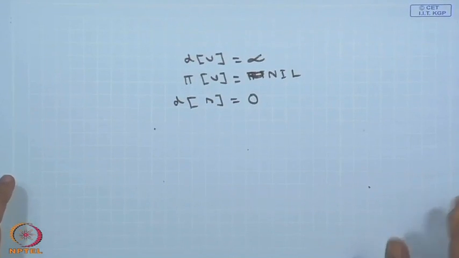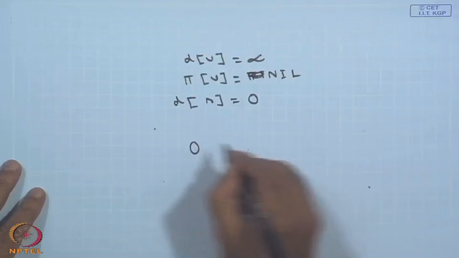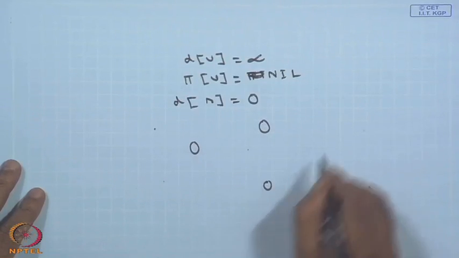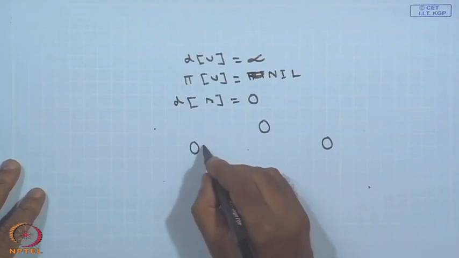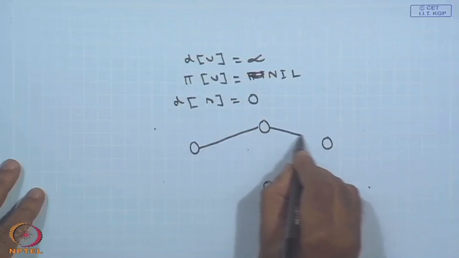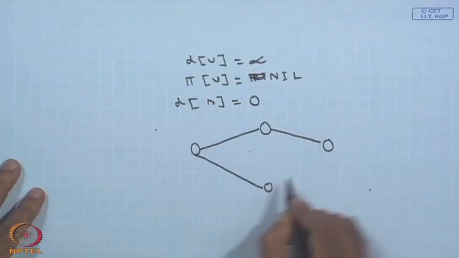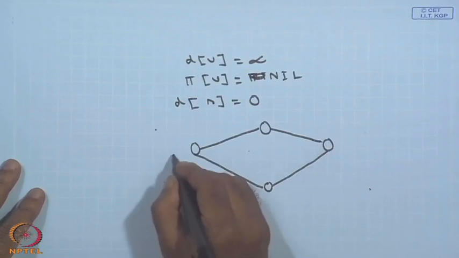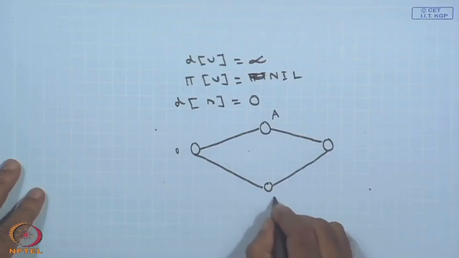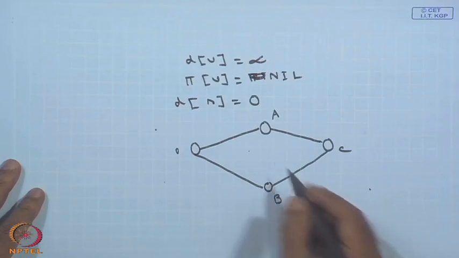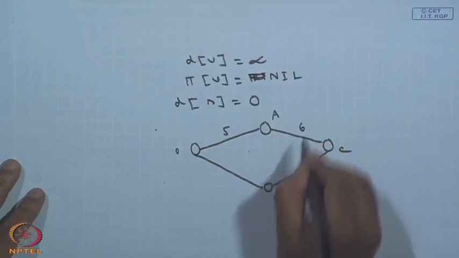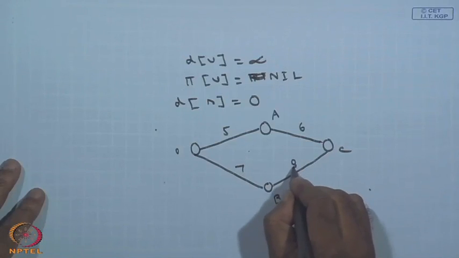To make it simple for you, suppose you have a graph like this, I am just drawing the graph very easily. We have a graph like this, the nodes we are defining as say O, A, B, C, and the distances suppose are 5, 6, 7 and 8.